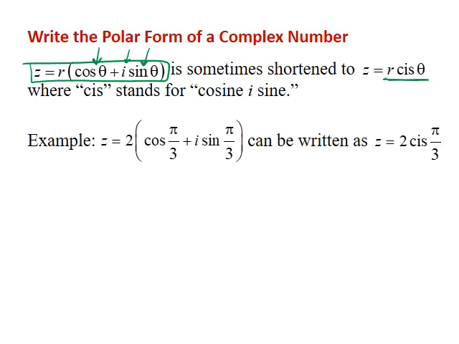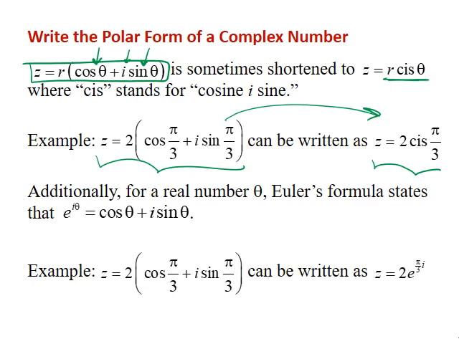For example, we can write it out like this, but we can use a little bit of shorthand to say 2 cis pi over 3. So these two things are exactly the same. There are a couple other examples here that you can take a look at as well.